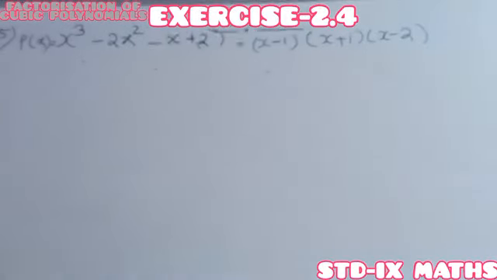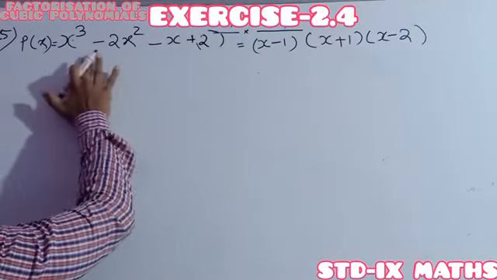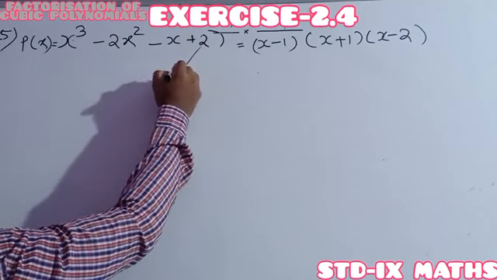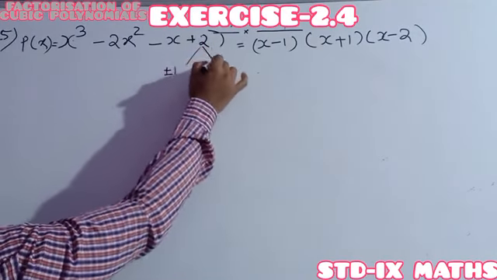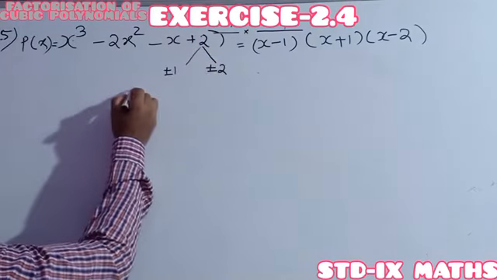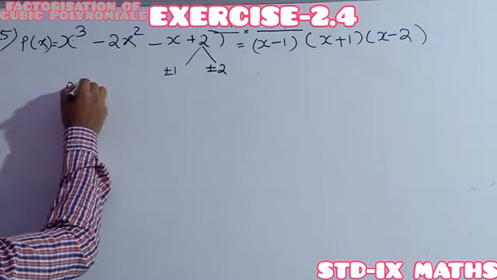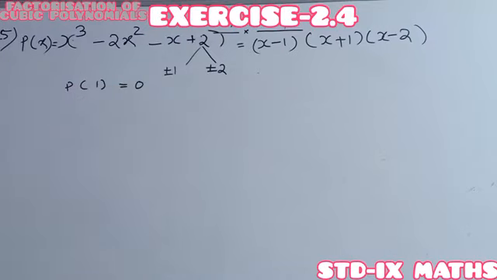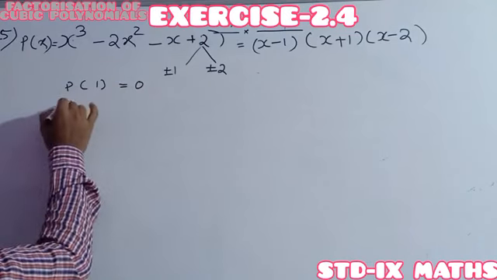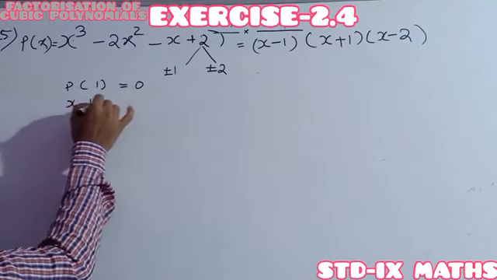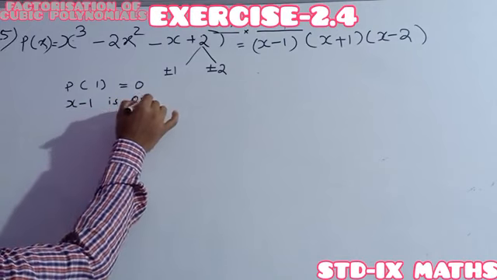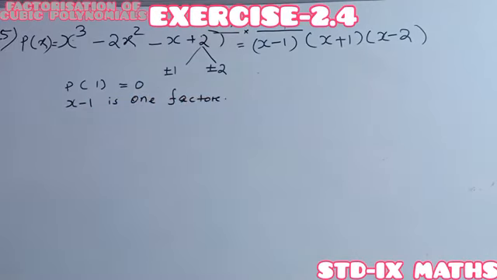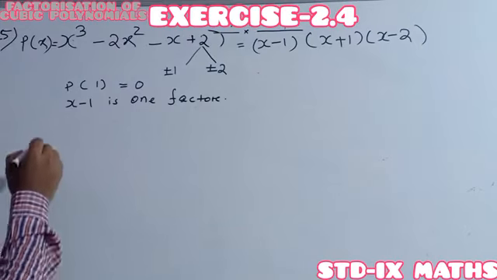Okay, see, just like in the last one, you got the factors of 2, the plus minus 1 and also the plus minus 2, and after that you got p of 1 equal to 0. There you said that x minus 1 is one factor. Understood or not understood? Just see.